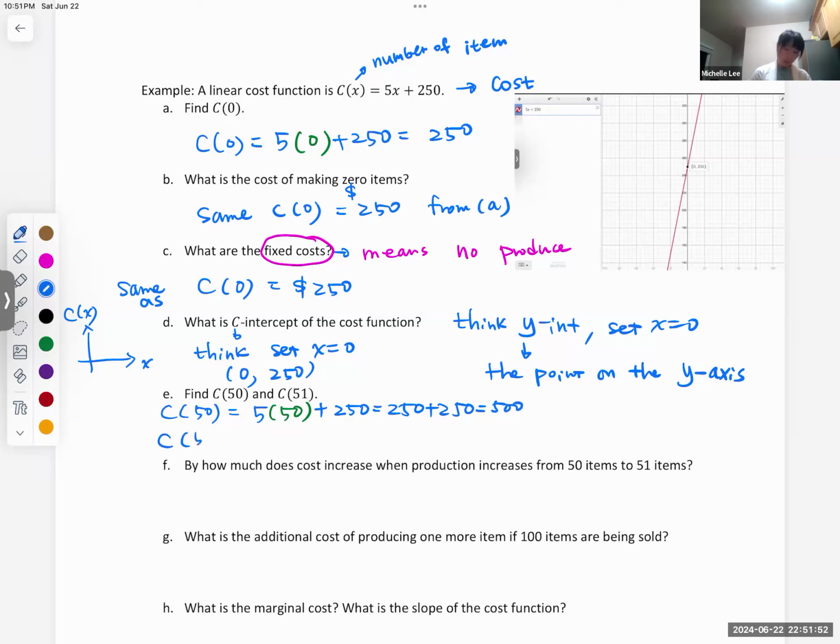And C of 51 equals 5 times 51 plus 250 equals 255 plus 250 equals 505, right? Okay.